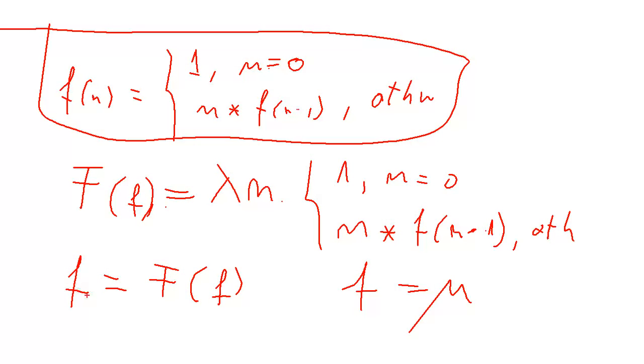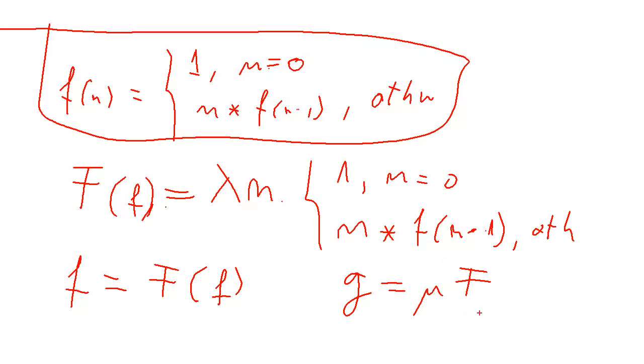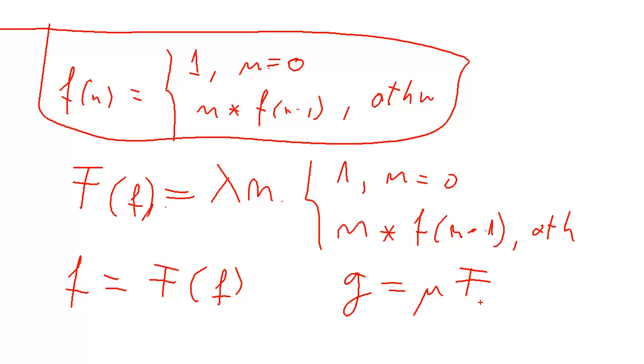Let's say that g, which is my factorial function, is mu capital F. So I take this function that is a function of another function, and I have this operator which automatically finds me the solution to this equation.